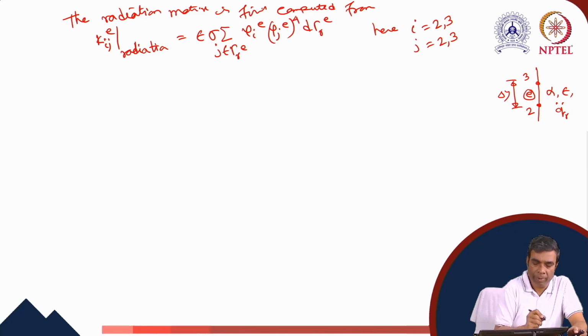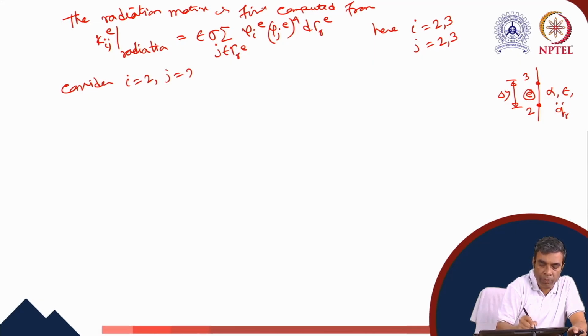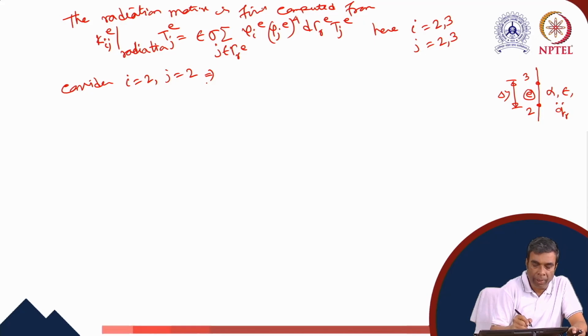We consider the matrix first. So consider I equals to 2, j equals to 2. This gives us the individual term here. So here we can skip the summation symbol. So this is with TJE. Now by removing this temperature, we can remove the summation symbol and simply we write the stiffness matrix for augmentation.